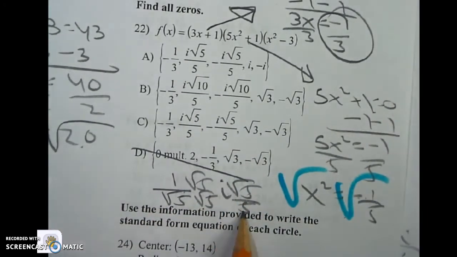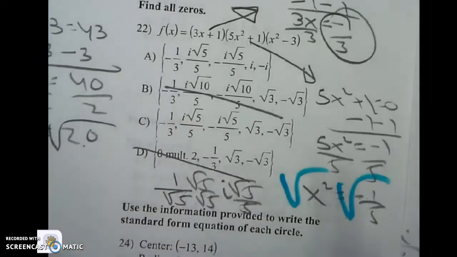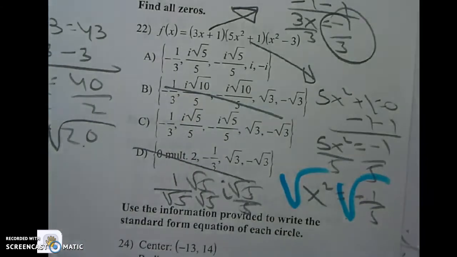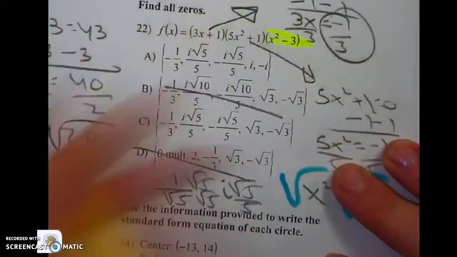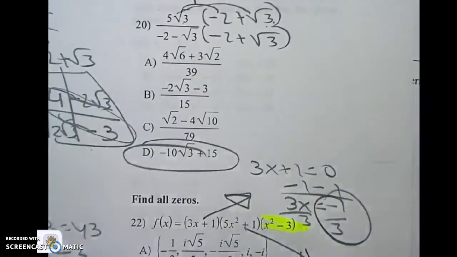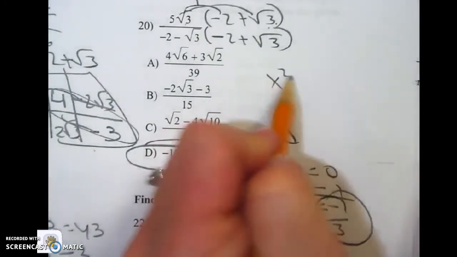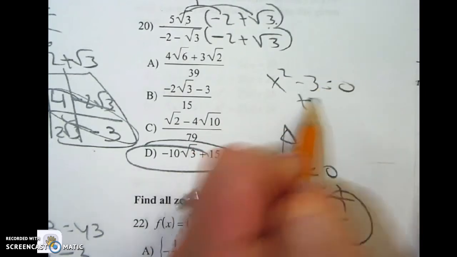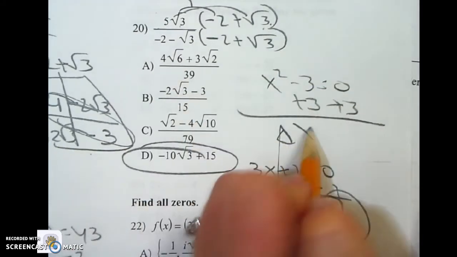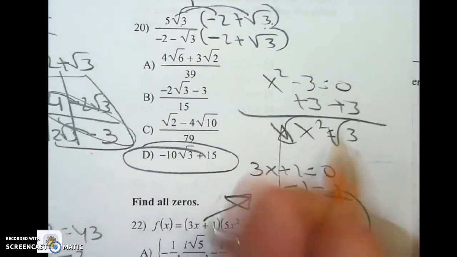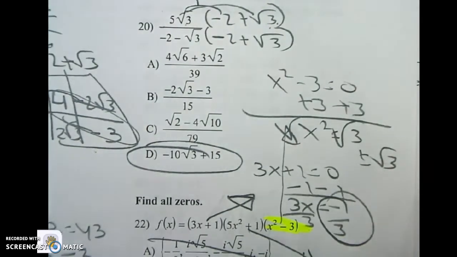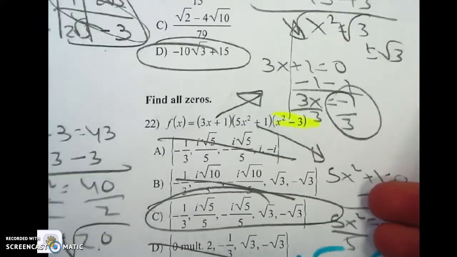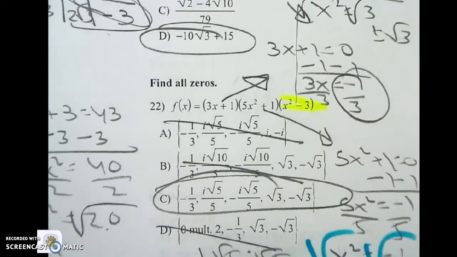So I'm looking for i rad 5 over 5. That's out. Okay. And then I want to take this x squared minus 3. Move this up. I'm going to solve that right here. X squared minus 3 equals 0, plus 3 plus 3. X squared equals 3, square root, plus or minus rad 3. So there's no more imaginaries. So my answer is C.